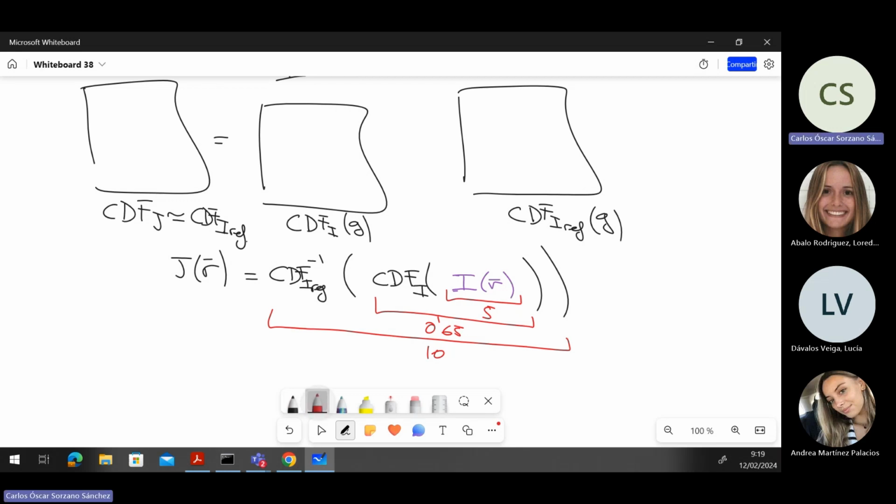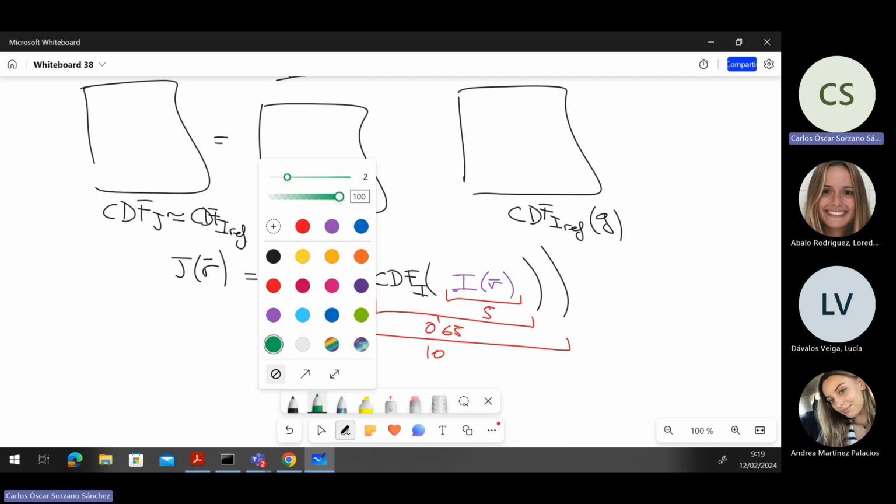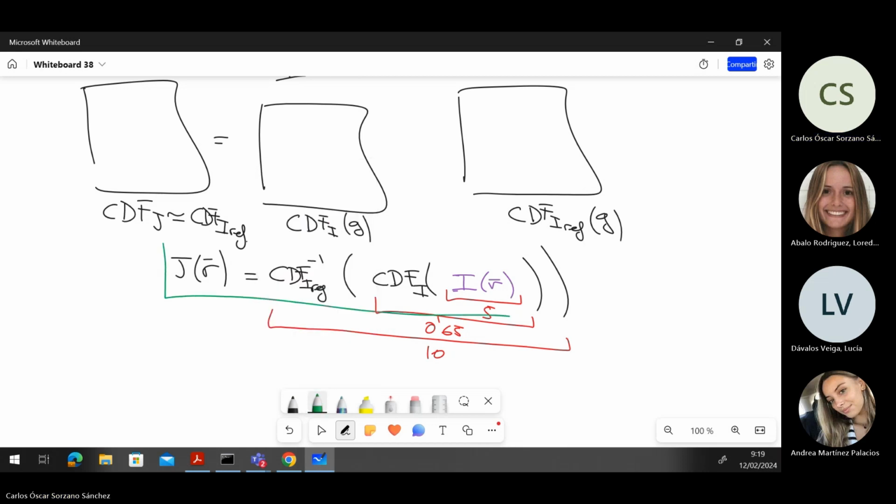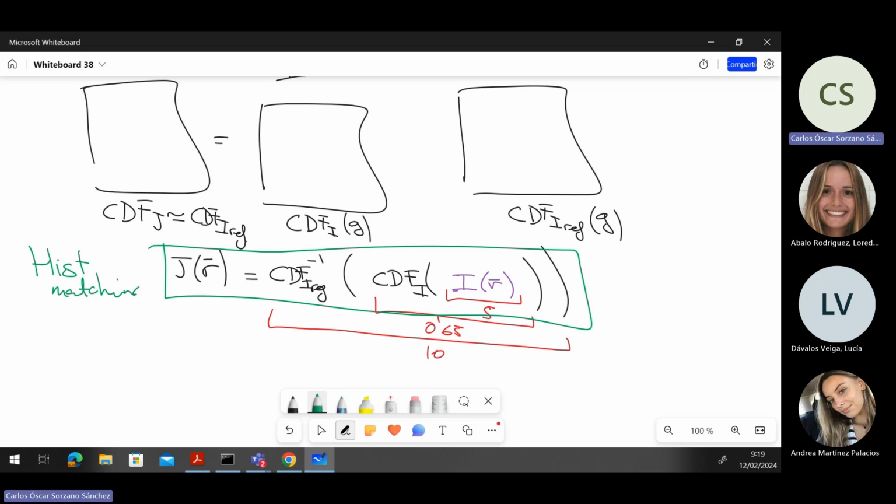Okay, so this operation is called histogram matching. We are matching the histogram of an input image I to the histogram of a reference image. Actually, histogram equalization is a particular case of this one, where the reference is a uniform distribution.